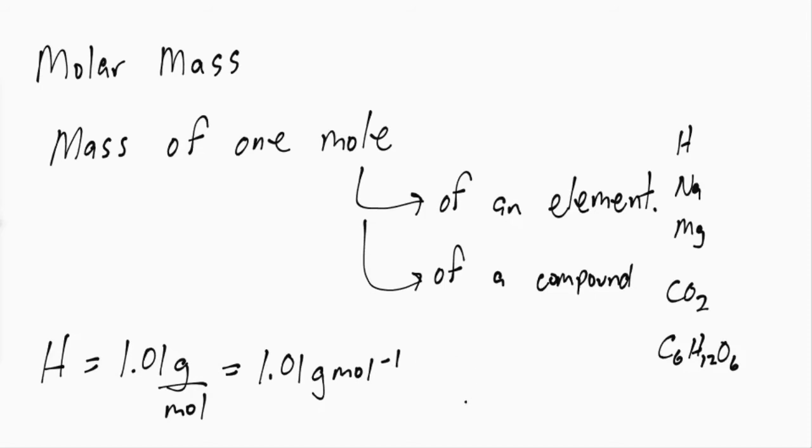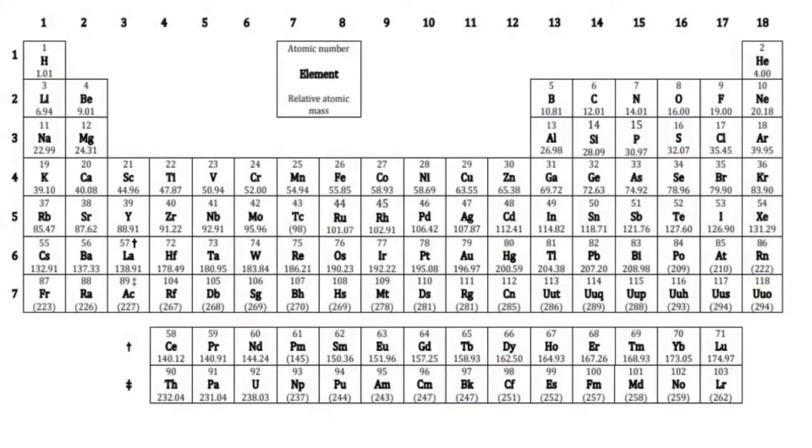Try to find the molar mass of, let's say, element number 6, carbon. Take a look at the periodic table and see if you could figure out the molar mass of carbon. Another way for me to ask that is, can you tell me the mass of one mole of carbon atoms?